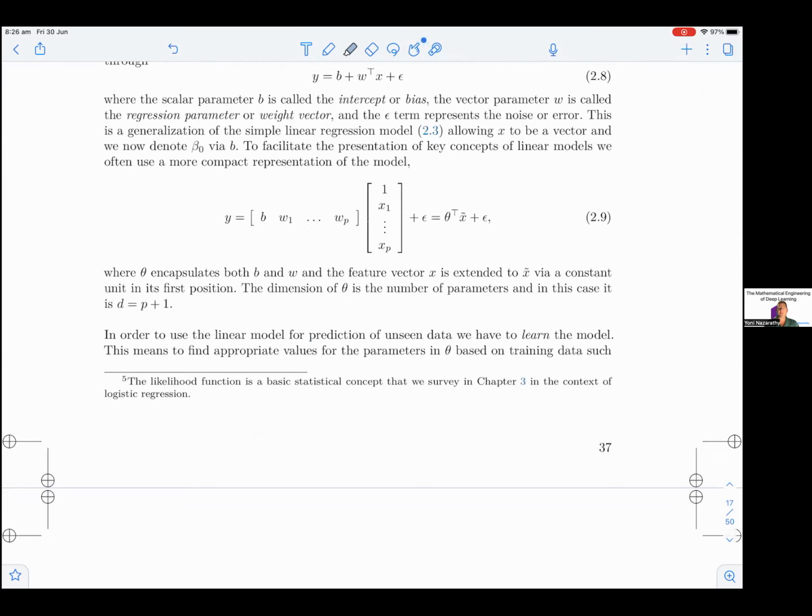To facilitate the presentation of key concepts of linear models, we often use a more compact representation of the model.